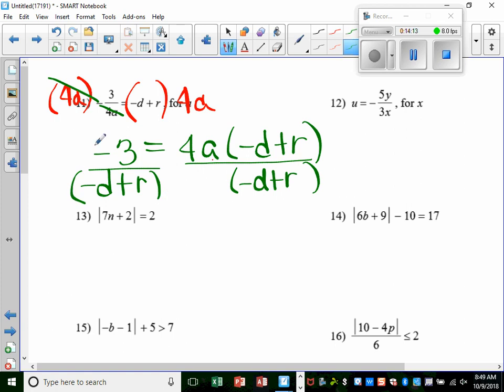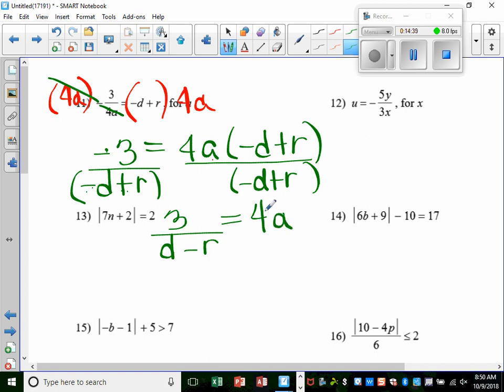Now, if I divide by this negative here, it's going to change some signs. So I'm just going to go ahead and change that to a positive 3. And then that would make that a positive d because I'm dividing by that. And then when I divide by this, it's going to change that to a minus.